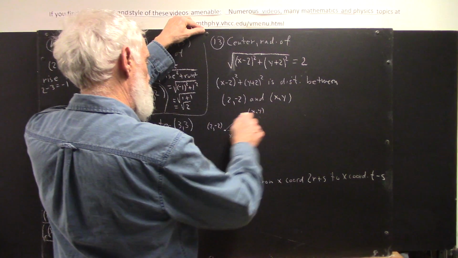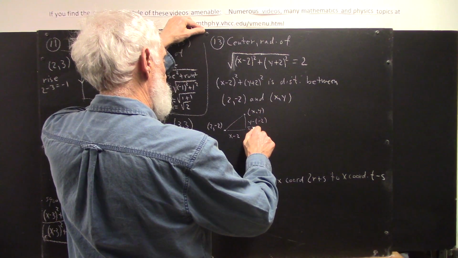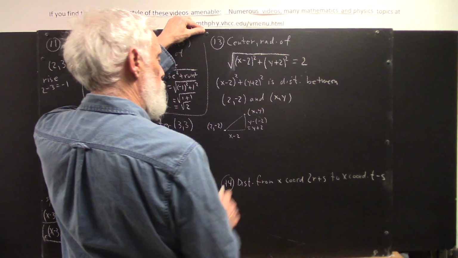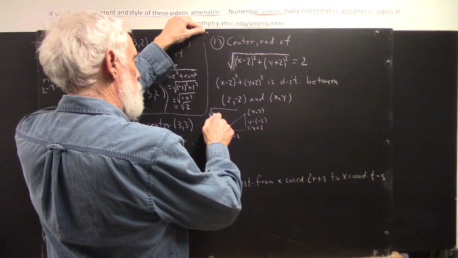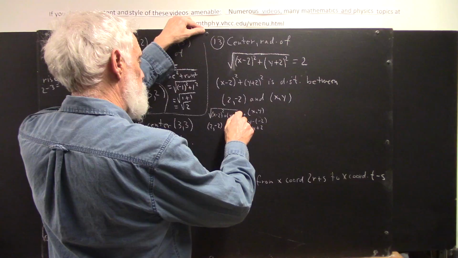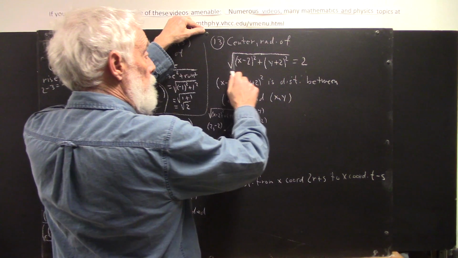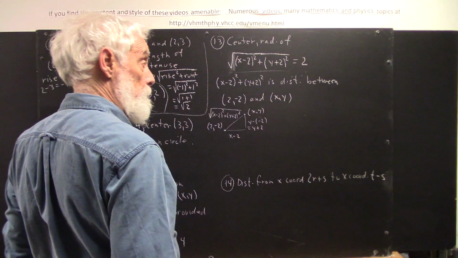We get x minus 2, and y minus negative 2, which equals y plus 2. So this side is the square root of x minus 2 squared plus y plus 2 squared, which agrees with this.